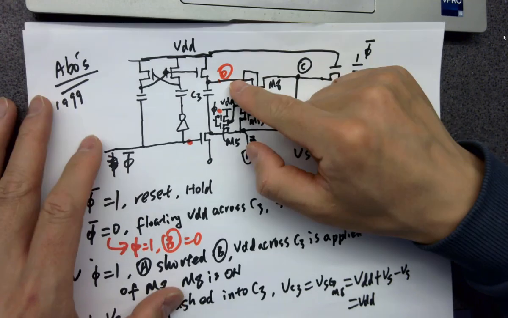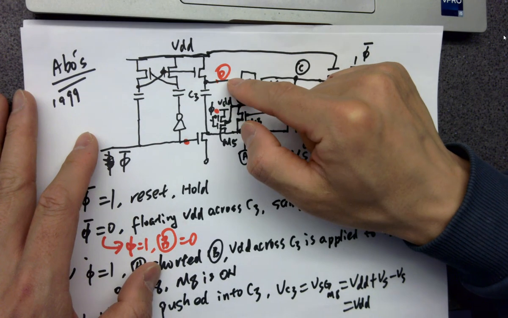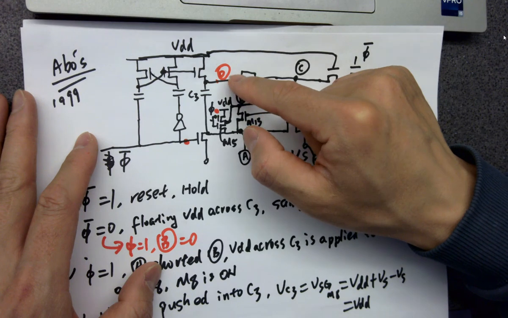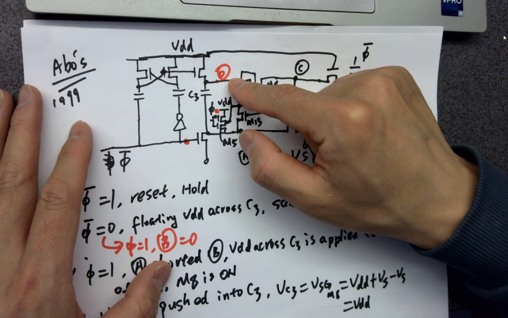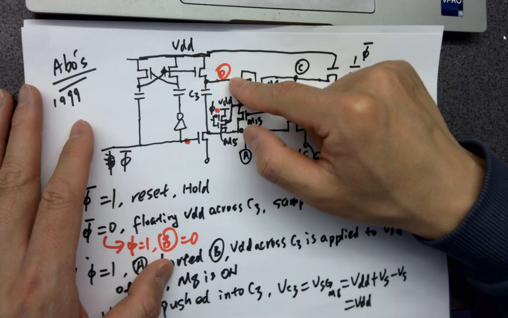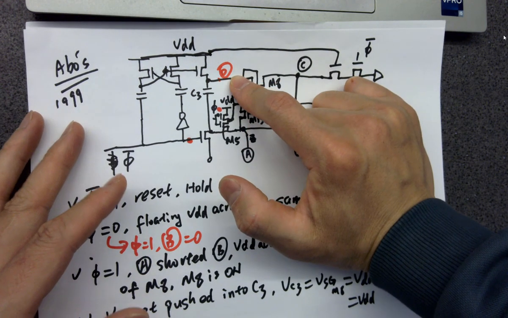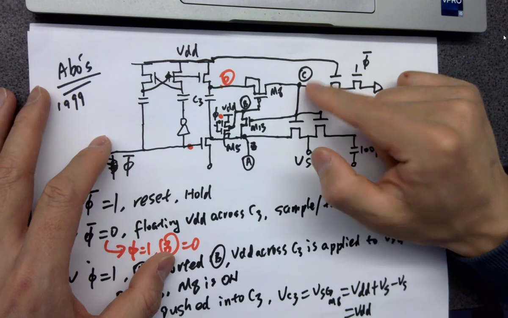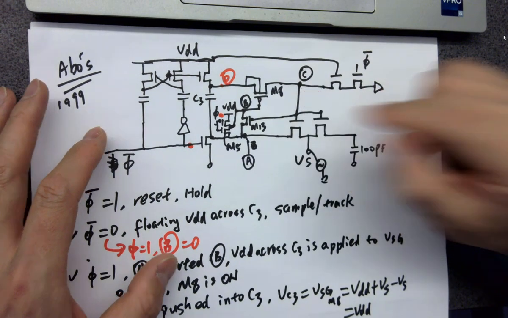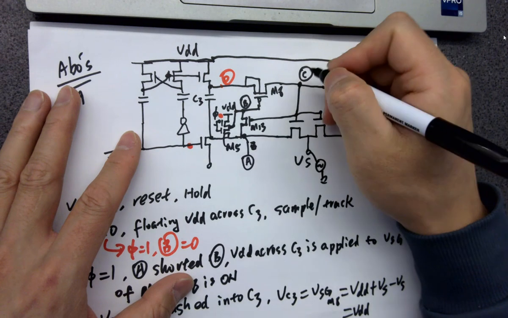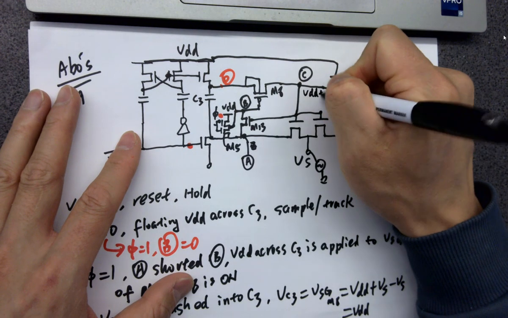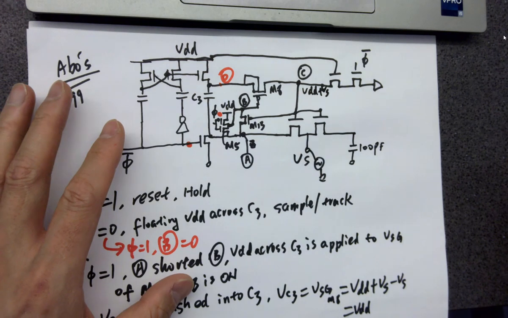Okay, and because the voltage at this point is VDD plus VS, okay, so the entire VDD plus VS can reach here.